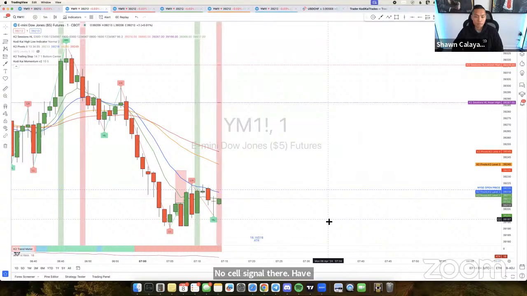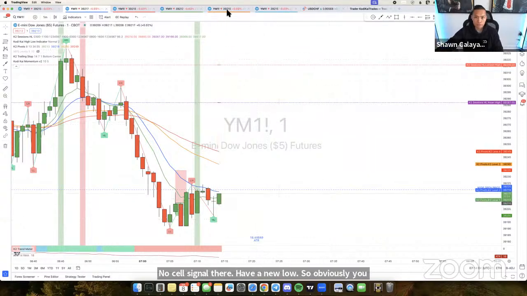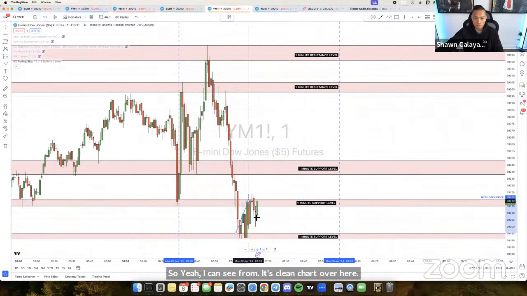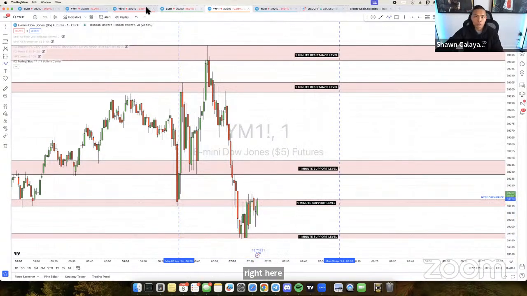Have a new low. So obviously you can see price is ranging down here. You guys can see from this clean chart that this is now the new range. Price is ranging and consolidating within this lower area right here. Just cool. Nothing wrong with that.